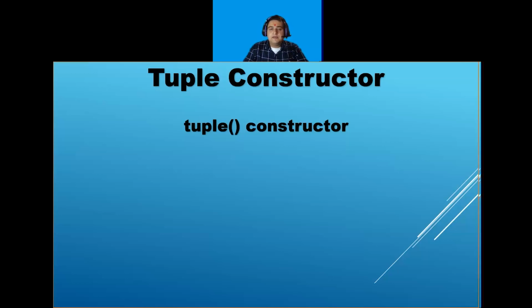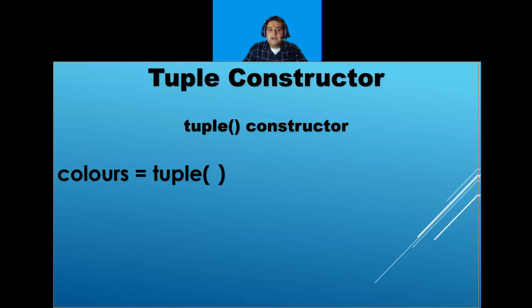My next topic is the tuple constructor. It is also possible to use the tuple constructor to make a tuple. So for example, if I write colors is equal to tuple, here tuple with round brackets is my tuple constructor, and colors is my variable name, as you know.